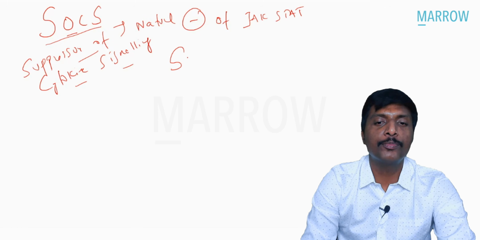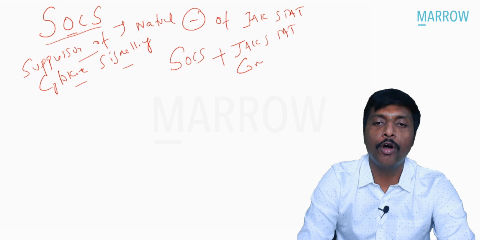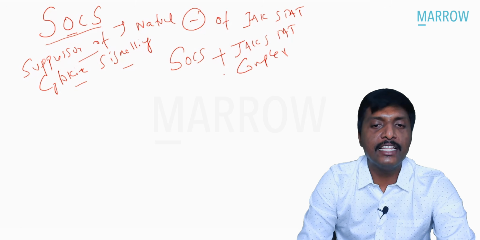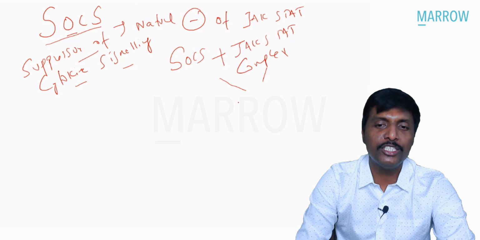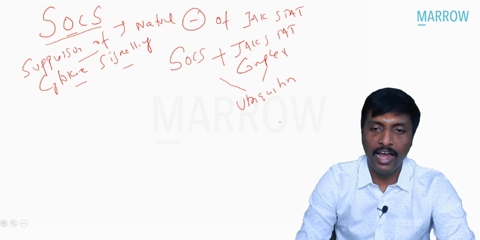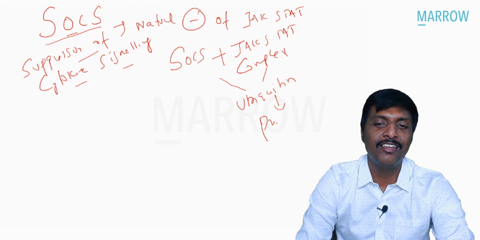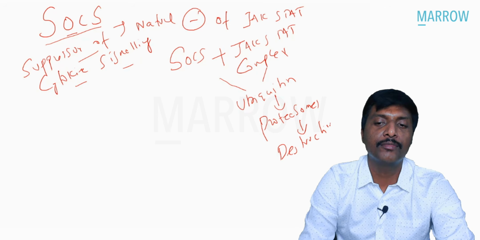This group of substances, SOCS, are going to form a complex with these JAK-STAT pathway elements. And this complex induces the binding of ubiquitin. And they will be taken to a very important graveyard for their destruction. What are they? They are our proteasomes. Eventually, they will undergo destruction.